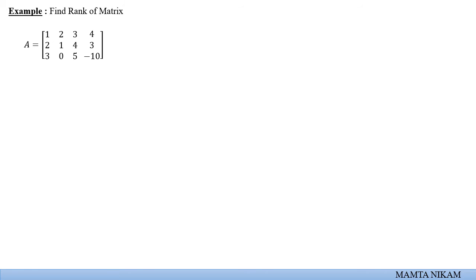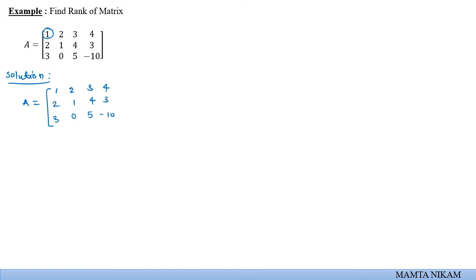Given a matrix, again we observe what we need: the first element 1 to make our further transformations easier. The first element is already 1 here in this given matrix, so there is no need to perform any interchanging transformation. The given matrix is 1 2 3 4, 2 1 4 3, 3 0 5 minus 10.